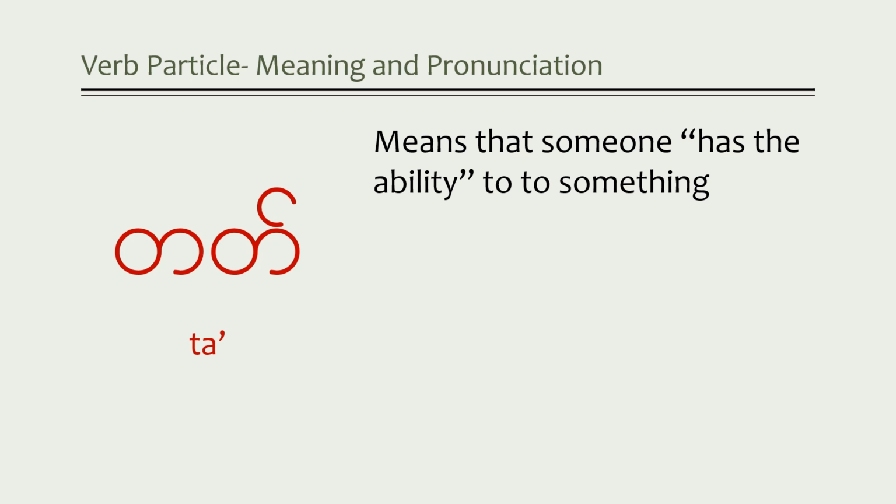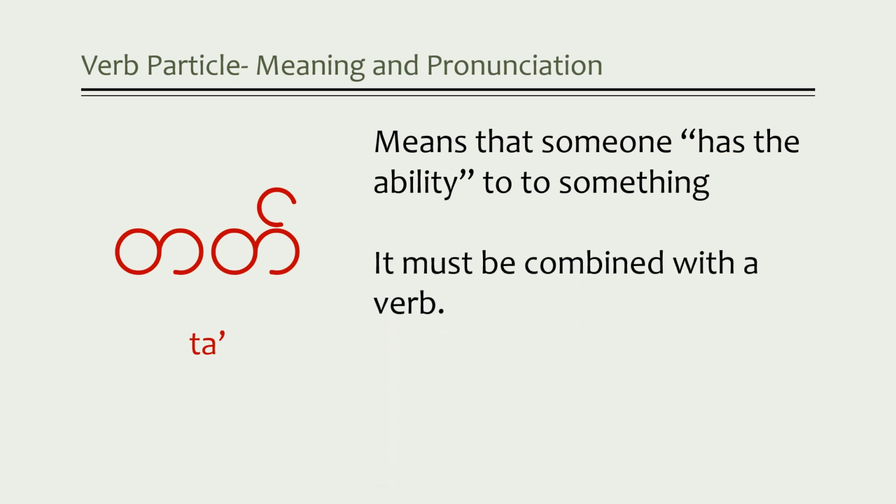Now, in all honesty, the particle that we first considered, nain, will get you by, and you'll find it sometimes used even to imply an ability to do something. But you'd never do the reverse. If you were offering to do something, you were willing to do something, you wouldn't use this particle. But if you're indicating you have the ability to do something, this is really the particle that you want to use.